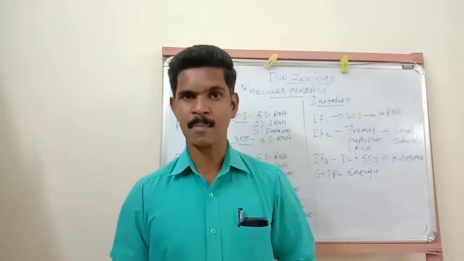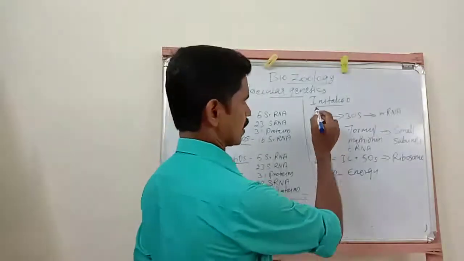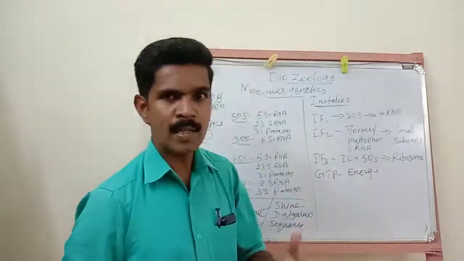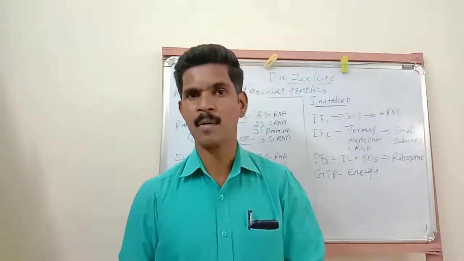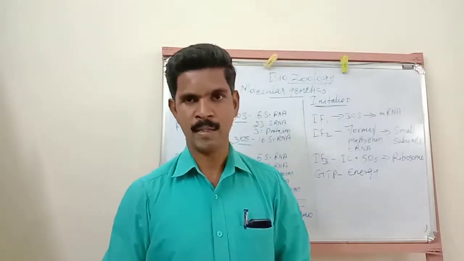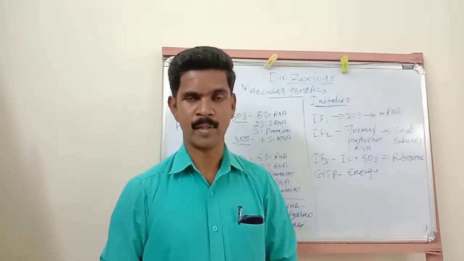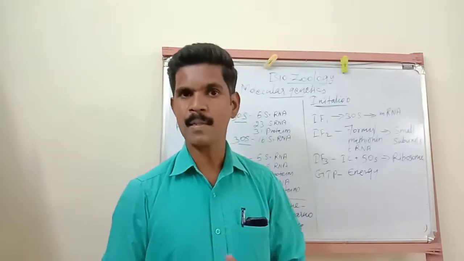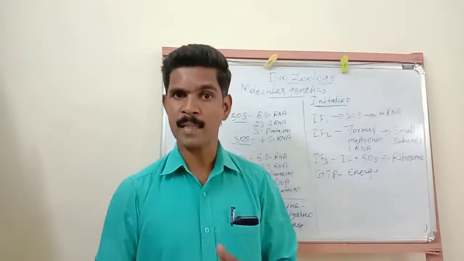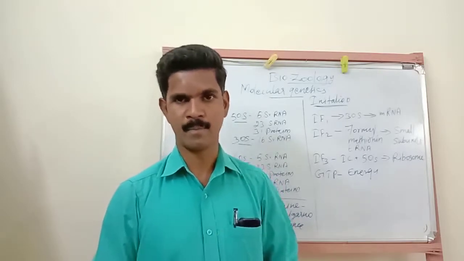First I will explain the first step, initiation. This initiation process begins after the formation of a factor called the initiation complex. Only after the formation of this initiation complex does the initiation step start.